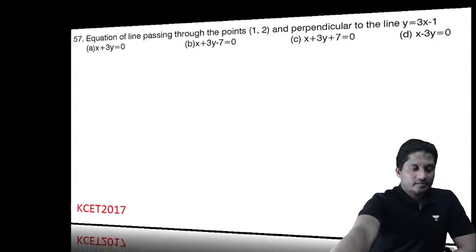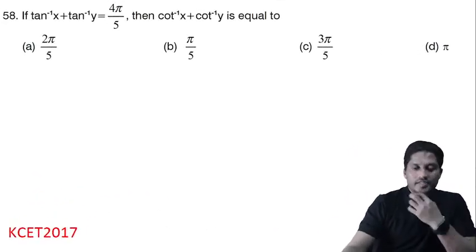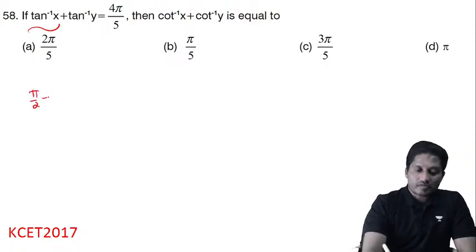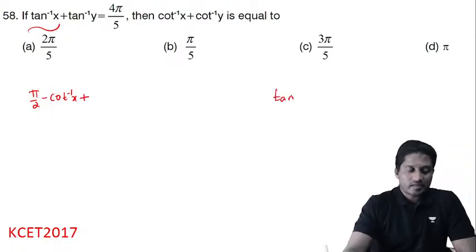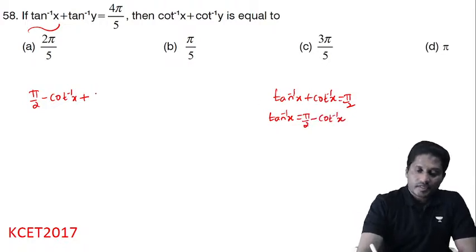Let's move to the next question. Tan inverse of x plus tan inverse of y, using the result tan inverse x plus cot inverse x is pi by 2, I can write tan inverse of x equal to pi by 2 minus cot inverse of x. Similarly, tan inverse y is equal to pi by 2 minus cot inverse of y, and the sum is equal to 4 pi by 5.